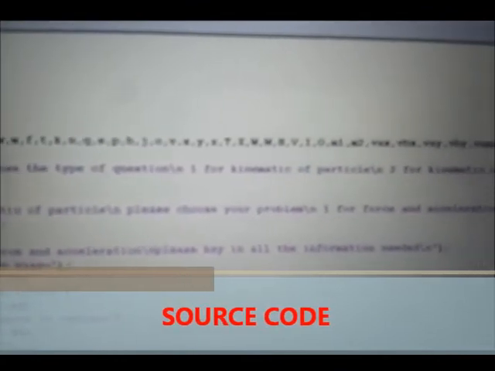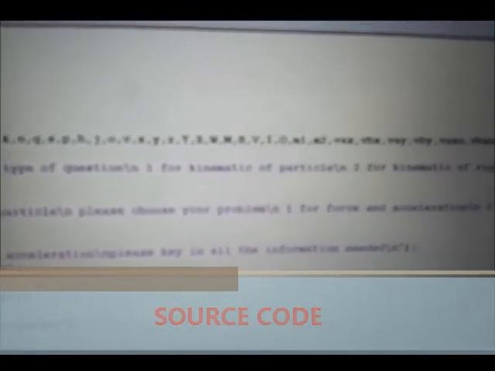Okay, this is our coding. We use if else looping to solve the question. The program asks for 1 for kinematic of particle and 2 for kinematic of rigid body, and we choose 2 for kinematic of rigid body.